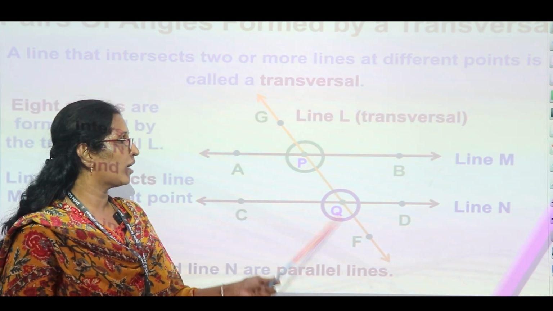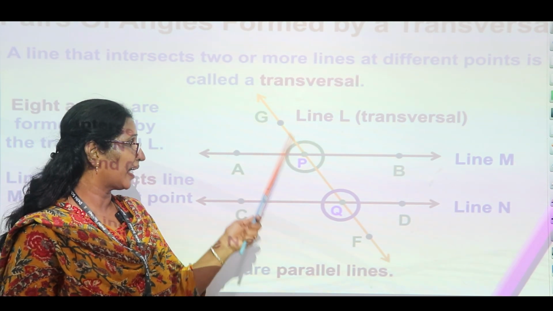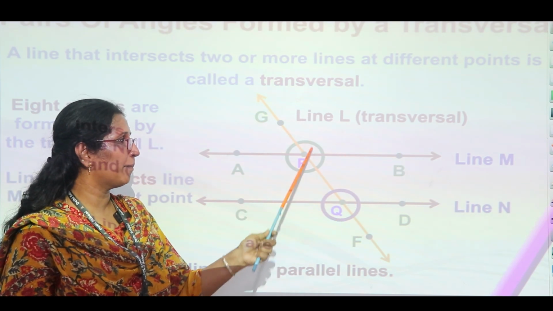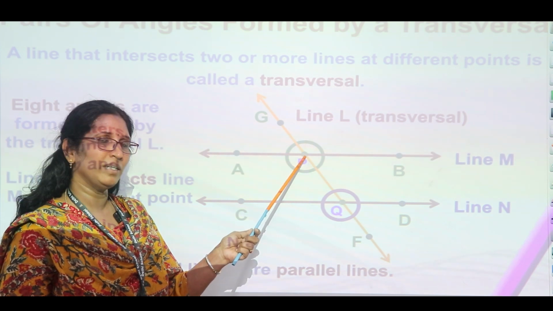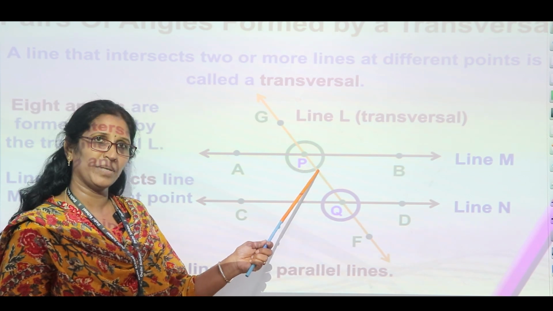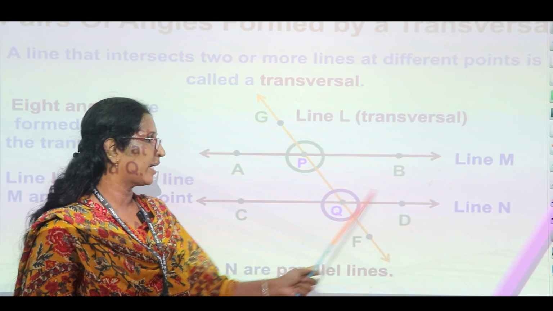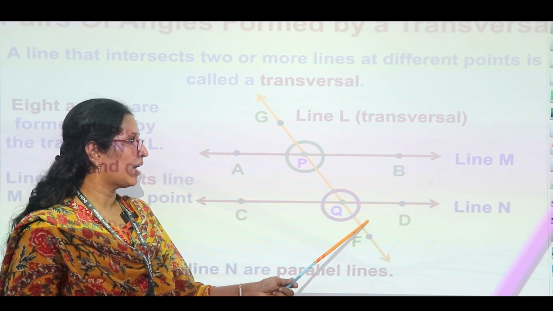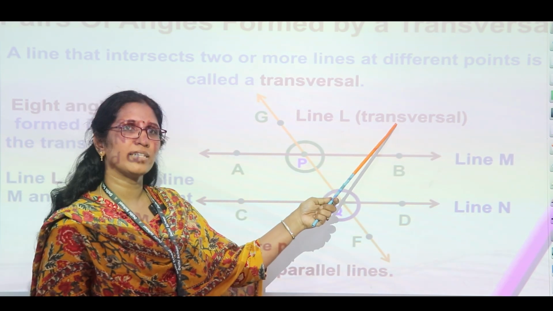There is one more line in the picture, line L, and this line L intersects the other two lines M and N at two distinct points. The line L cuts the line M at a point P, and the same line L cuts the line N at a point Q, and the line which cuts the parallel lines at two distinct points is called a transversal.